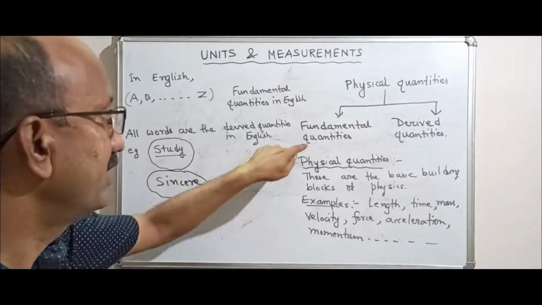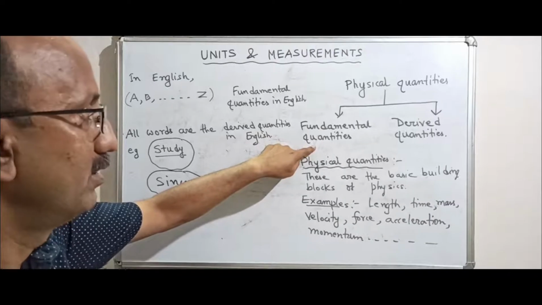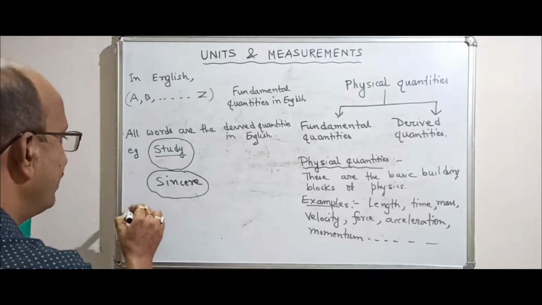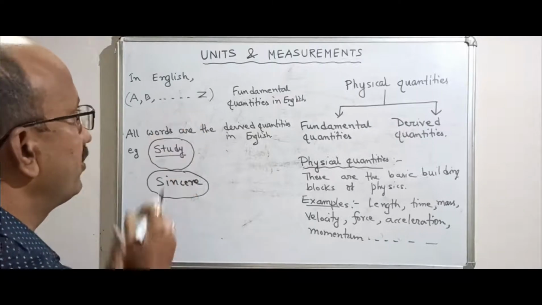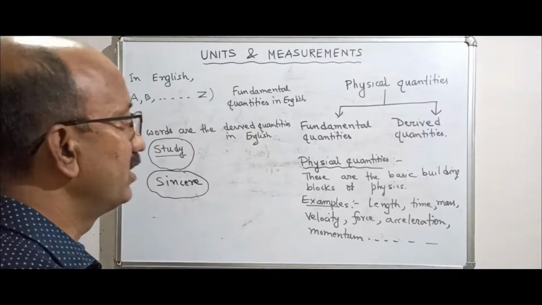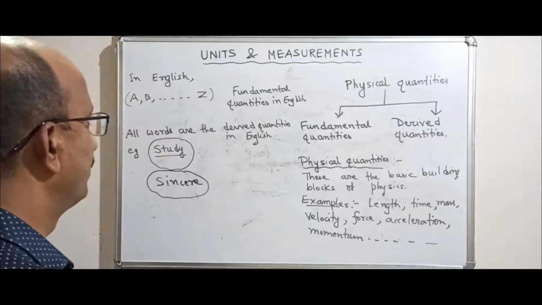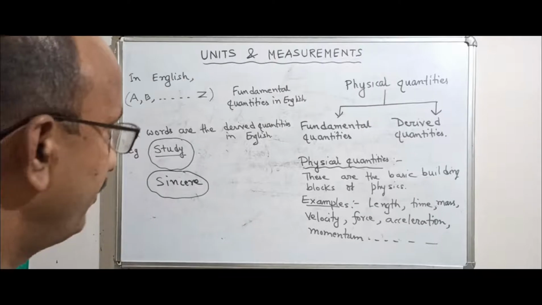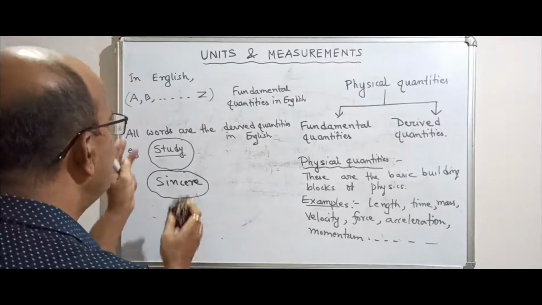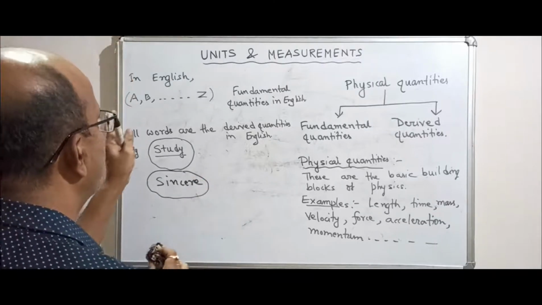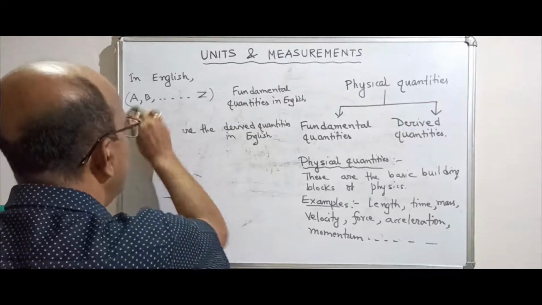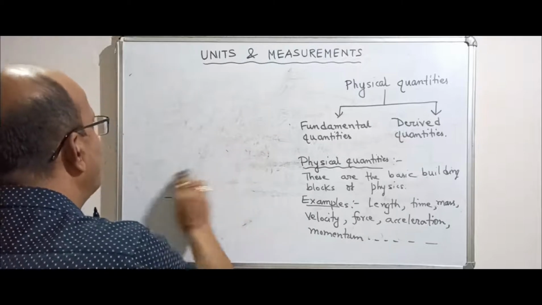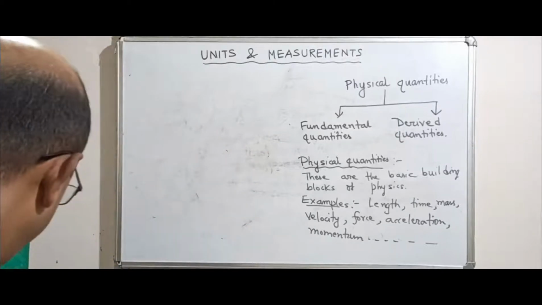we have certain fundamental quantities. So in physics, you see that there are certain set of fundamental quantities. So let us see how many fundamental quantities are there in physics. So just compare with this.